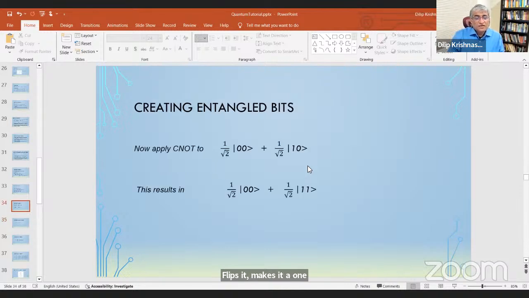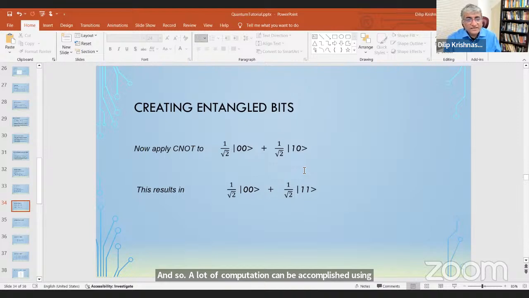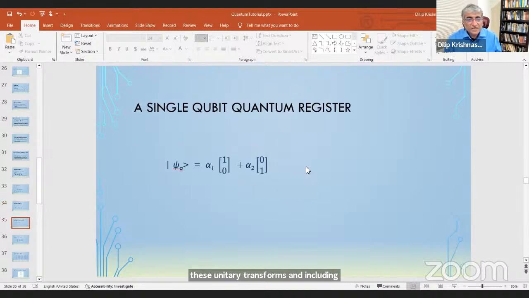And so a lot of computation can be accomplished using these unitary transforms, including entanglement. Now internally, there are a lot of physical processes being utilized, and these computers operate at near zero temperatures and things like that.